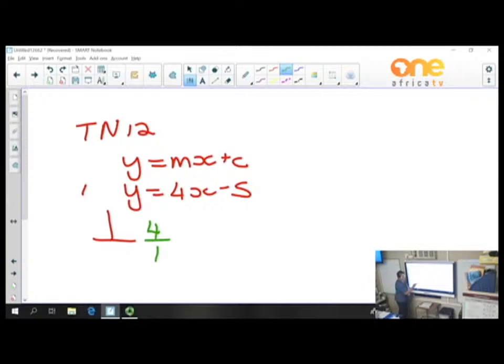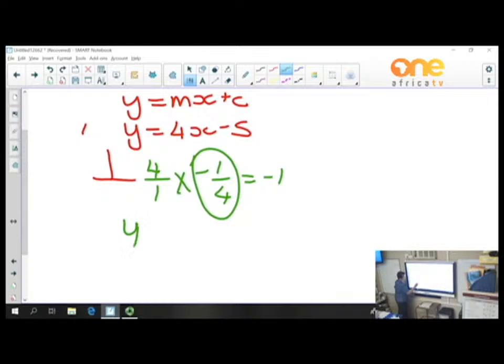So the perpendicular gradient is the change of sign reciprocal, which will be -1/4. Because if I multiply them, I get -1. So this is the perpendicular gradient that I'm working with.